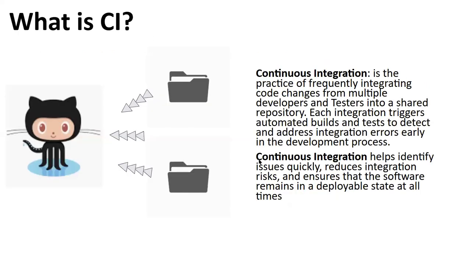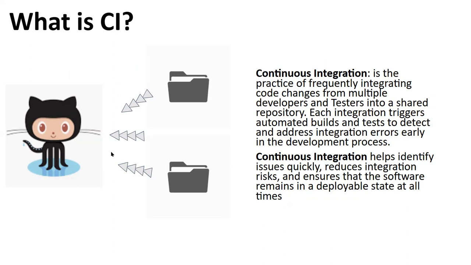So what is CI? CI is a process whereby developers are given the opportunity to integrate code into a shared repository. So they integrate their code here into a shared repository. It can be either GitHub or GitLab. They do this several times in a day.